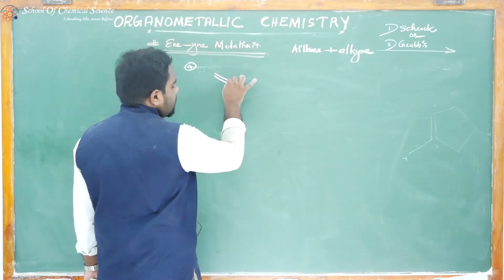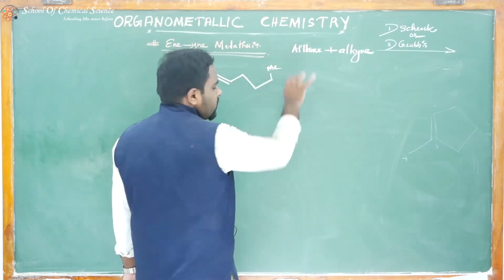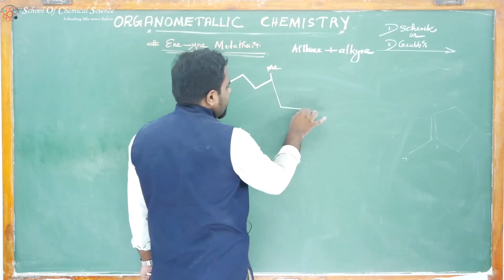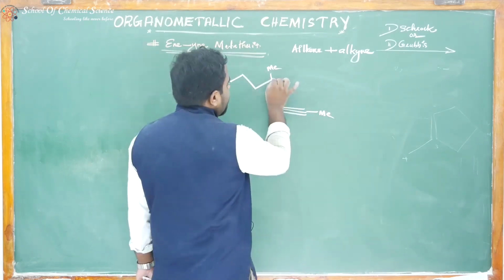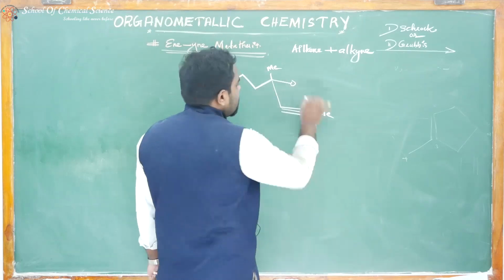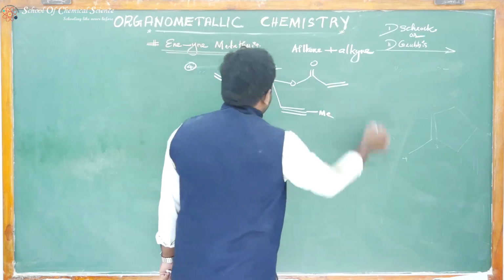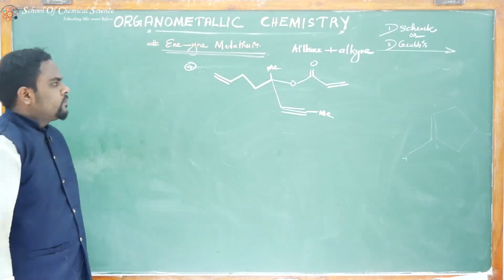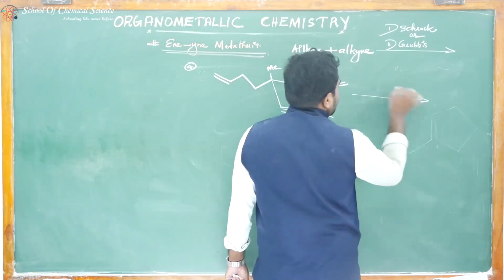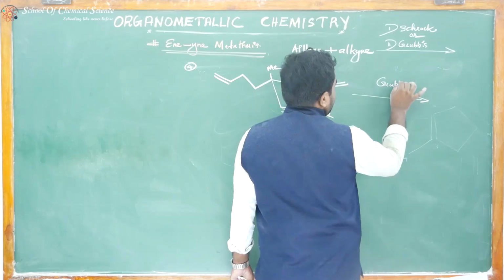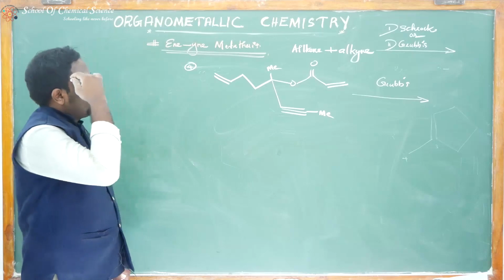An alkene, here a methyl group, here a triple bond Me, here an oxygen, here a double bond, another alkene. Okay, so with the Grubbs second generation catalyst, what happens?